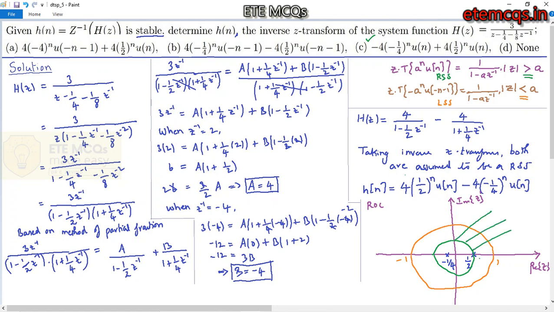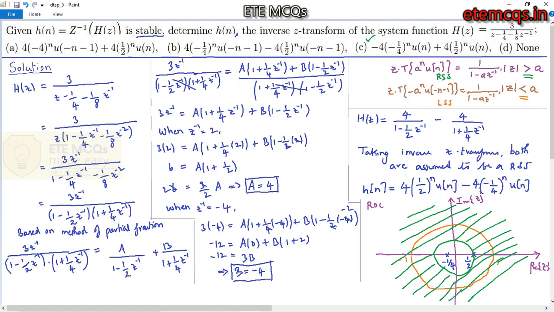The overall region of convergence will be outside this circle.